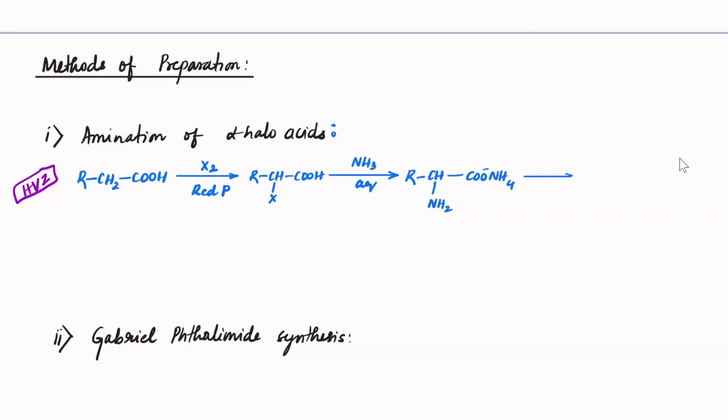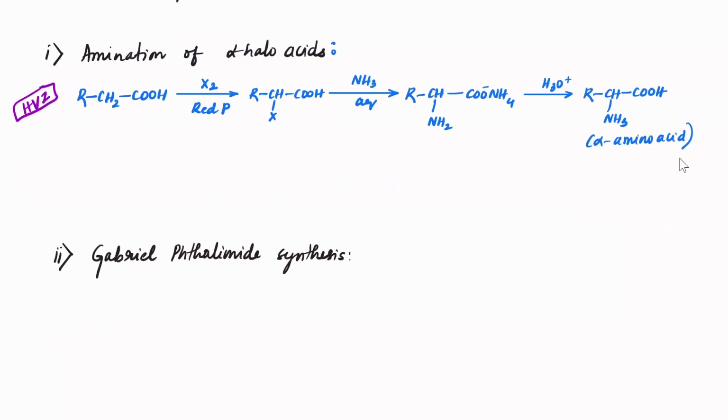And then if I hydrolyze it, the ammonia comes out of that position and turns the salt back into acid. So this is how you get an alpha amino acid. What we did is amination of alpha halo acids.